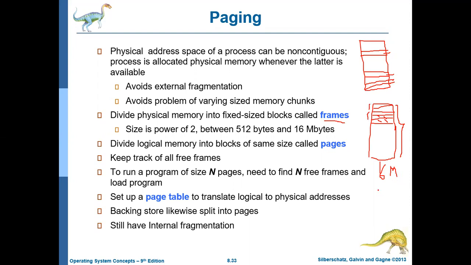So if I say there is a 64 MB size of the RAM and we are dividing this, and the frame size is 4, how many total blocks will be there?